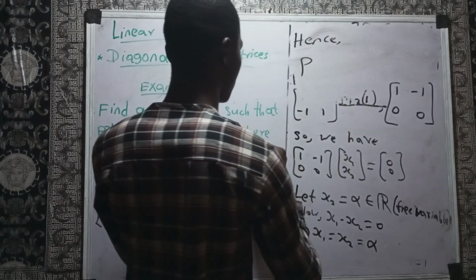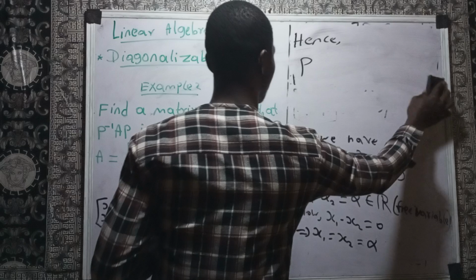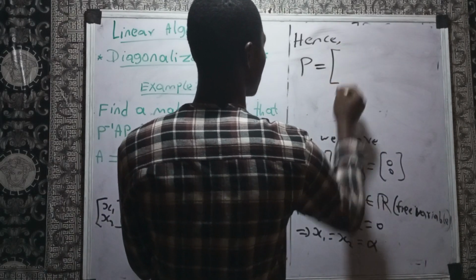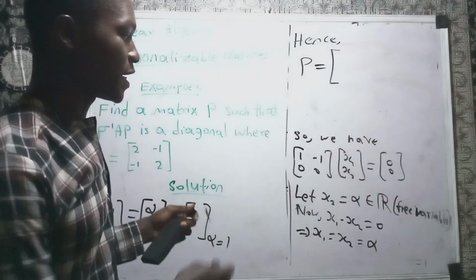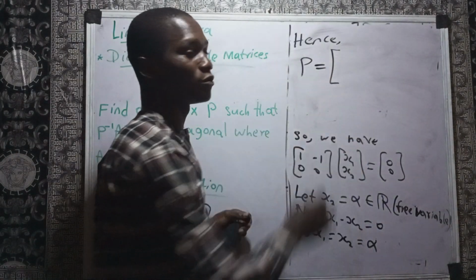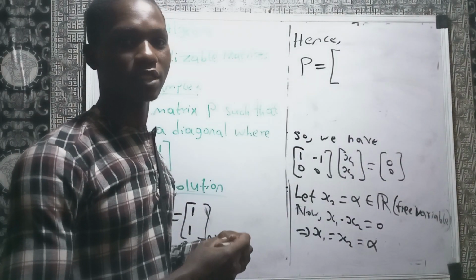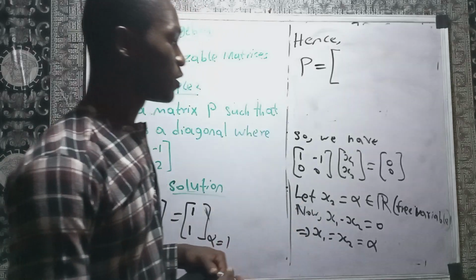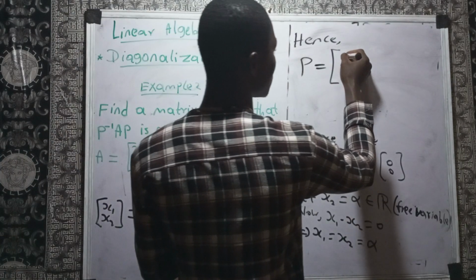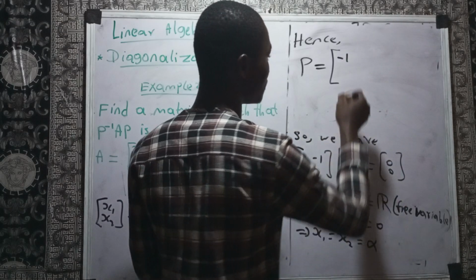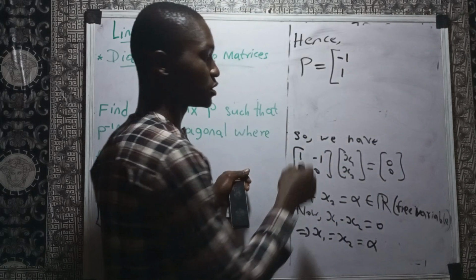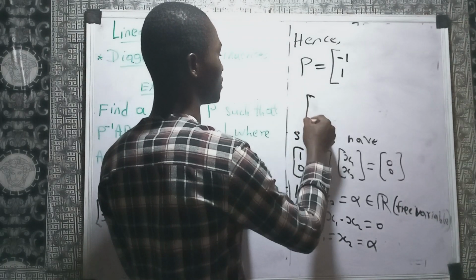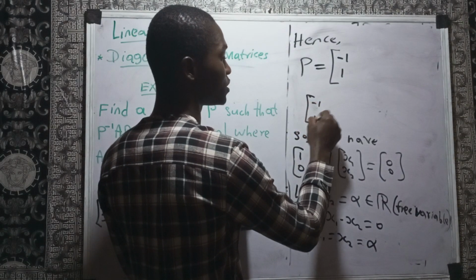Hence, our matrix P, the one we are looking for, will be equal to: the first column will be the eigenvector we got for lambda equals 3. What do we get? We got -1 and then +1. You remember what we got? For lambda equals 3, we got -1, +1, right?